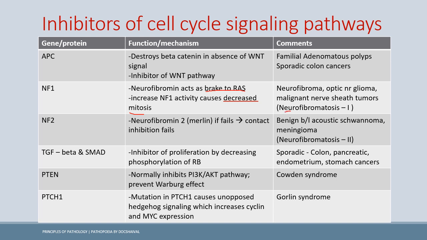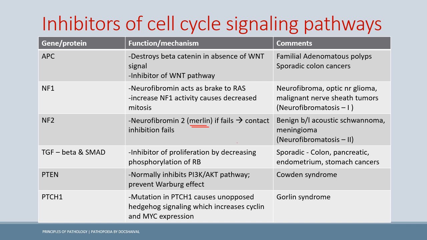Now, there are some things associated with neurofibromatosis type 1: neurofibroma, optic nerve glioma, and malignant nerve sheath tumors. These are not very common clinically, but you may come across this in your examination. The next one is NF2, neurofibromatosis type 2, and the important thing is Merlin.